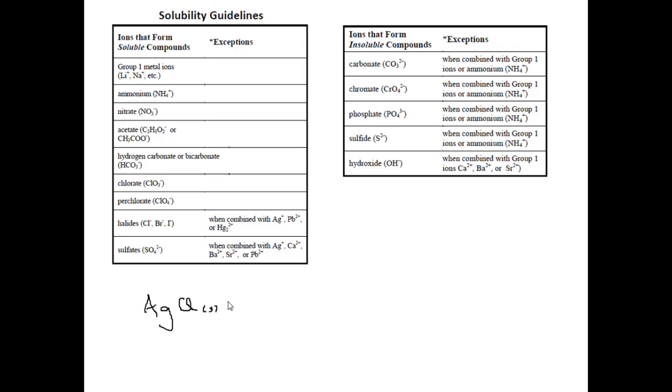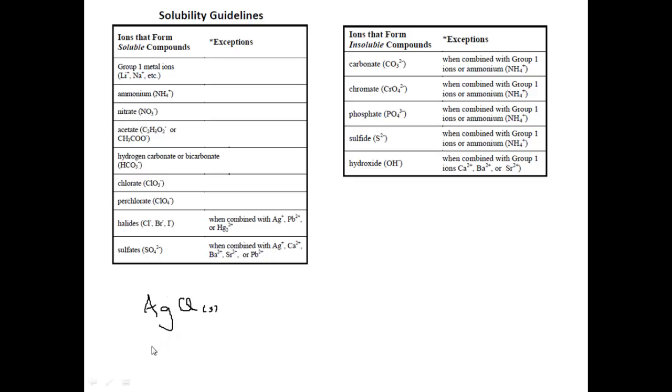That will not dissolve in water because it's an exception. Now with sulfates, they're also going to be soluble unless they're with these exceptions. So silver, same as for the halides, and same with lead, but mercury is not an exception, and strontium, barium, calcium is an exception.